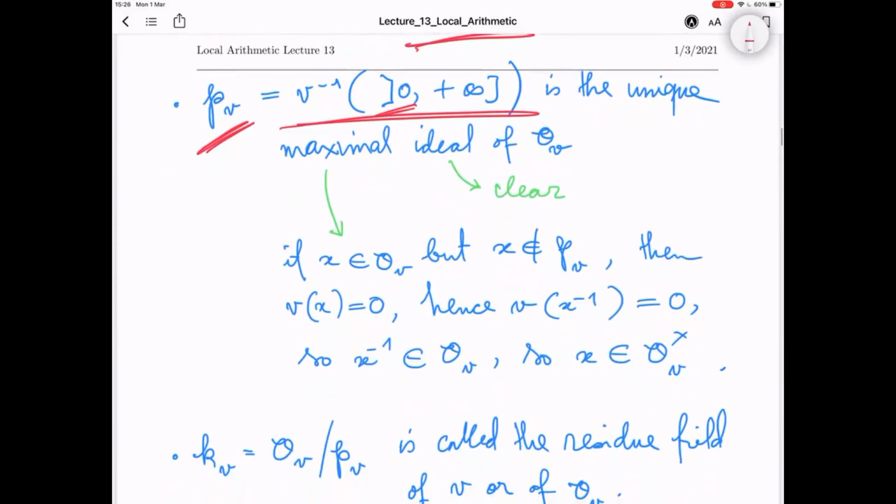You want to show that it is, first of all, an ideal, then a maximal ideal, and thirdly, that it's the unique maximal ideal of O V.